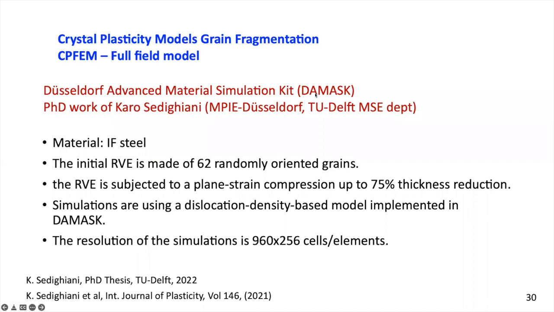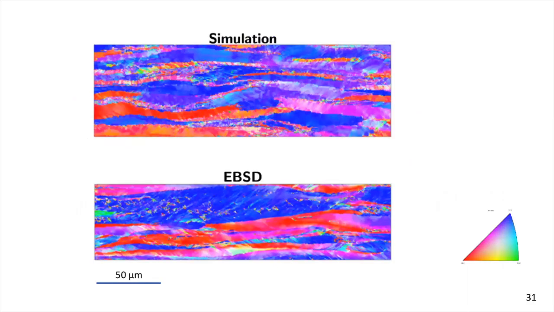Caro used the DAMASK model, the Düsseldorf Advanced Material Simulation Kit from the Max Planck Institute. The result that I will show is from an IF steel. Here are some details, parameters of the simulation. It was a 2D simulation. Here you can see the simulation, and here you can see the measured EBSD.